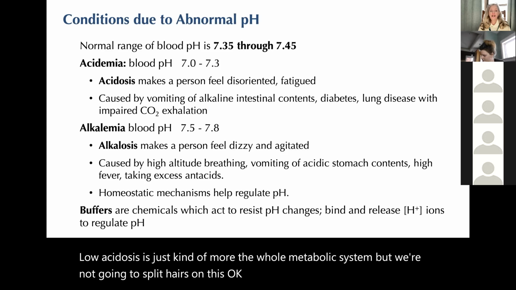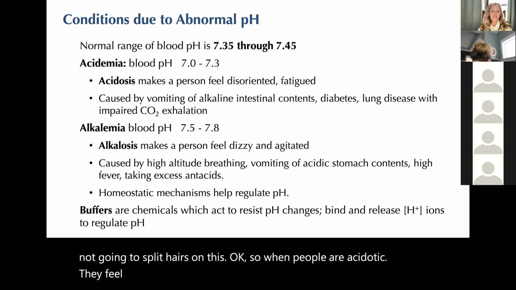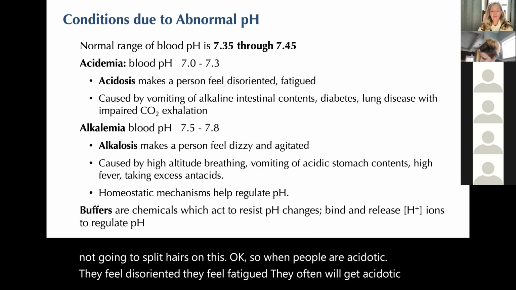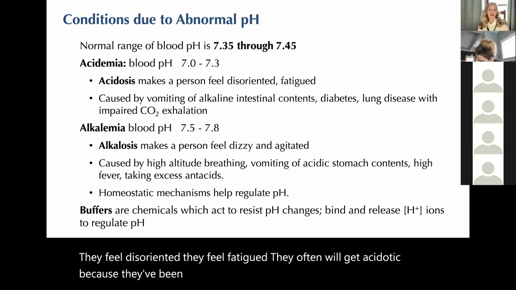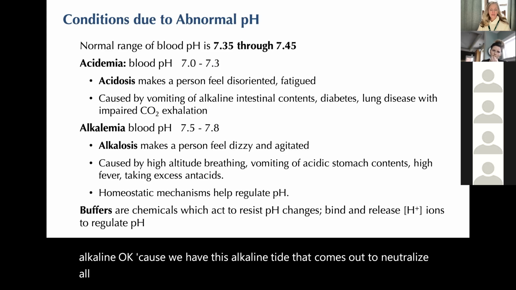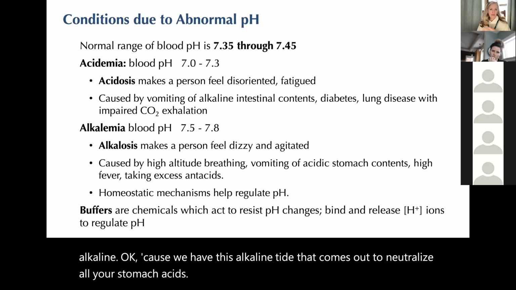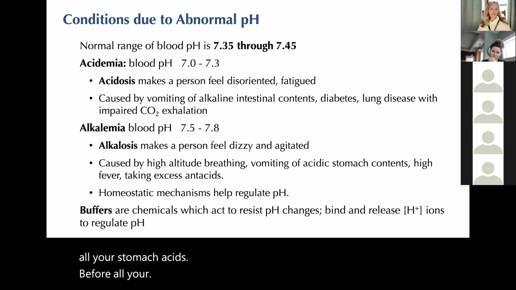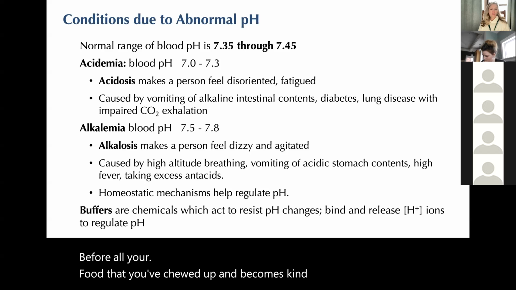So when people are acidotic, they feel disoriented and fatigued. They often become acidotic because they've been vomiting. Your intestinal contents often become alkaline, okay? Because we have this alkaline tide that comes out to neutralize all your stomach acids before the food you've chewed up, which becomes chyme, gets squirted into your small intestine.